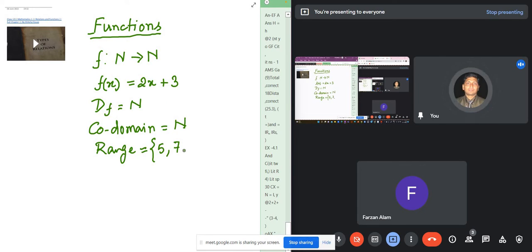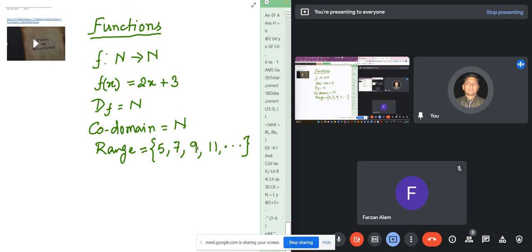If 3 we put, then what will we get? 9. 4 we put, then what will we get? 11. Like that it will come. That means collection of all images will be the range of that function, right? So this much we have learned in class 11.